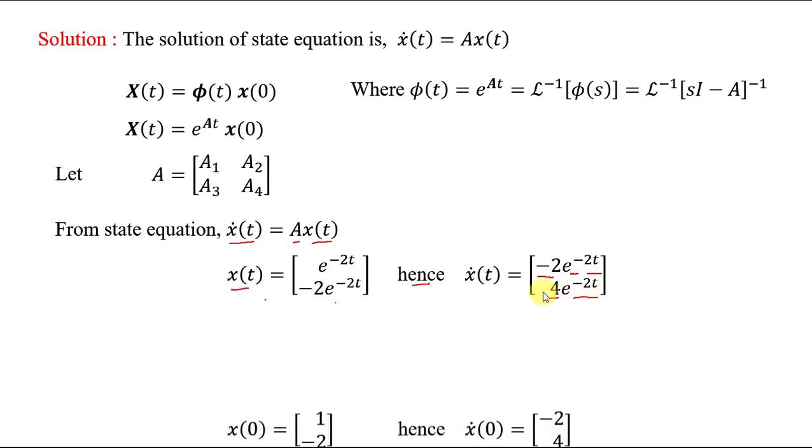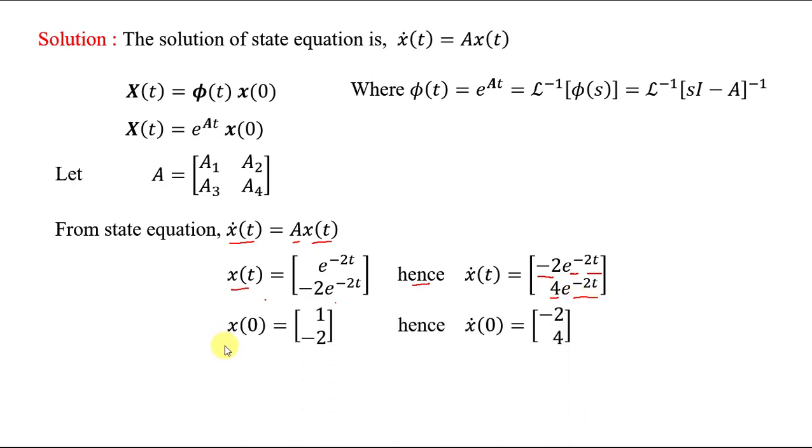And the initial state condition x(0), if t equals 0, the value here is 1 and here the value is -2, same as if t equals 0 here the value is -2, see here, and the value is 4, see here.